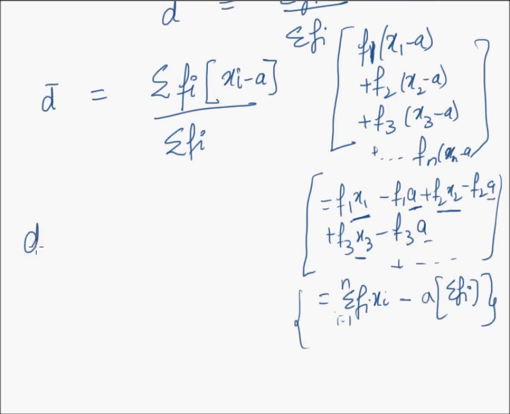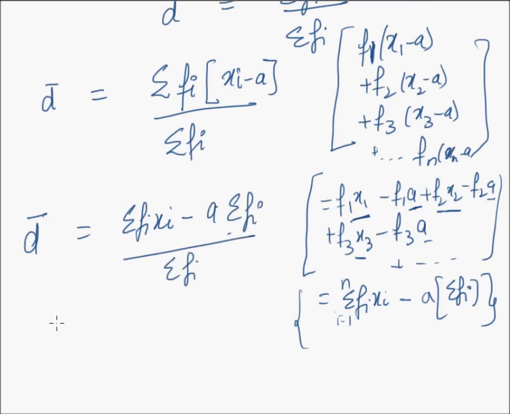So this mean deviation is summation fi xi minus assumed mean into summation fi over summation fi.